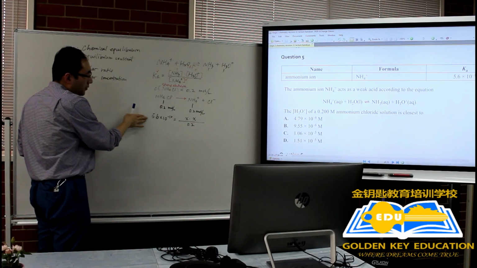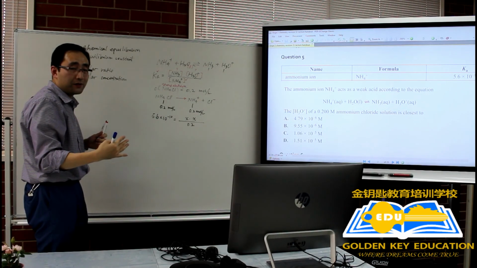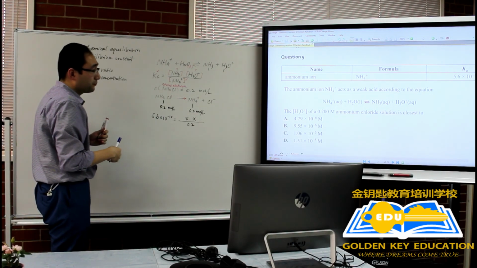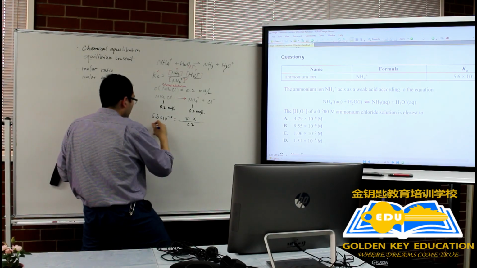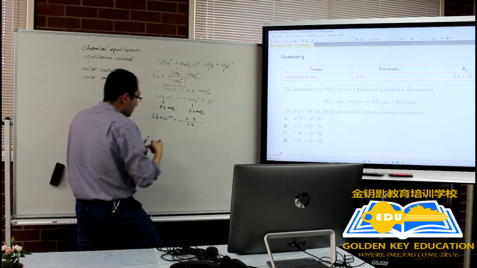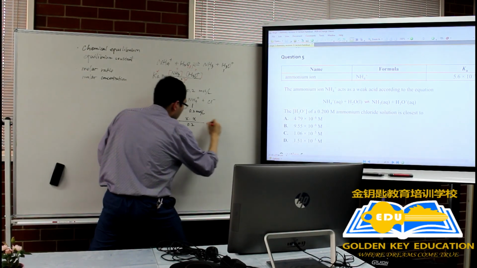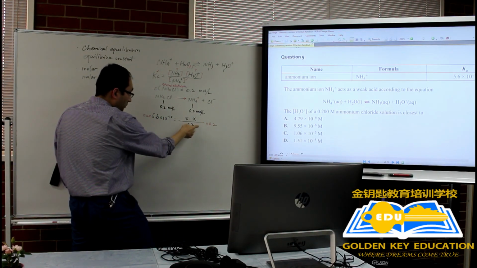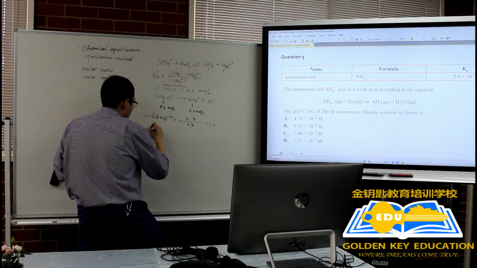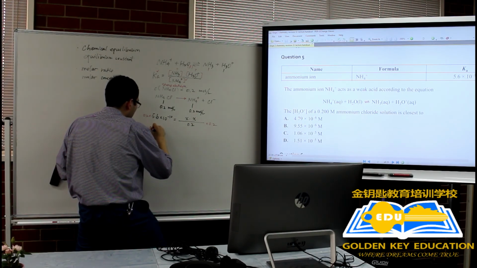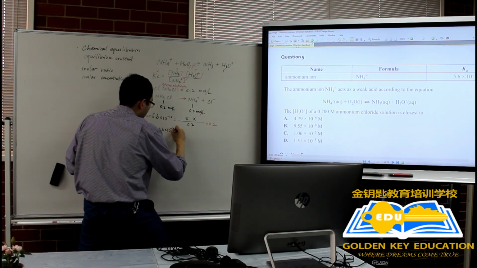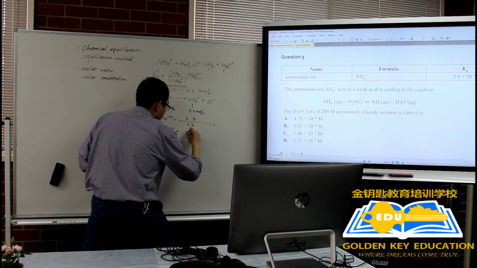Alright, so far you probably have noticed that the only purpose at this stage is to mathematically solve the equation for x. How do we do that? We multiply both sides by 0.2 to cancel out the denominator, and then we have 0.2 times 5.6 times 10 to the power of negative 10 equals x squared.